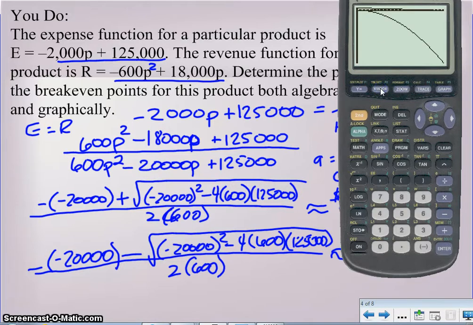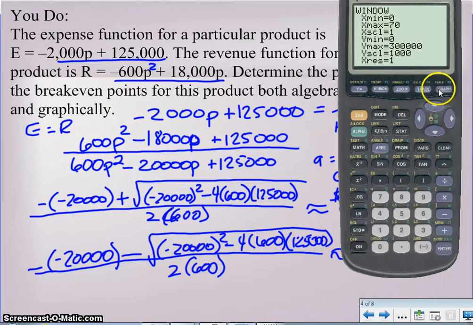So our window here is going to be 0 to, let's say, $70, just like we had. Our minimum is going to be 0, and our maximum, let's put 300,000 and see how that comes out. And sometimes that's what we do. It's just kind of a trial and error thing.